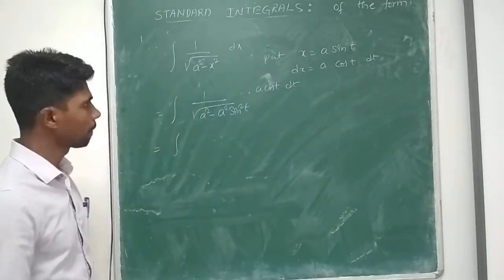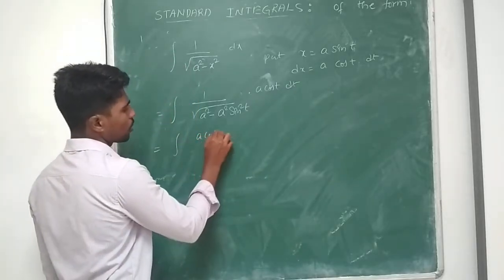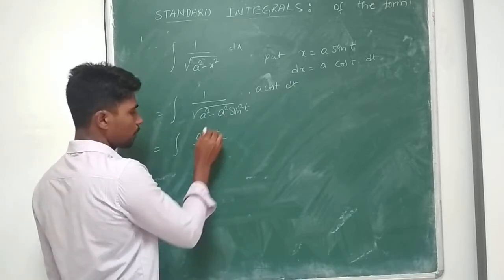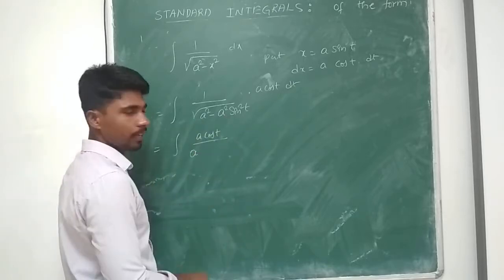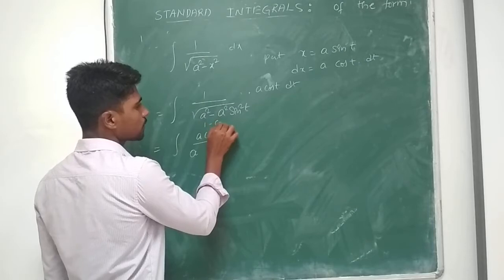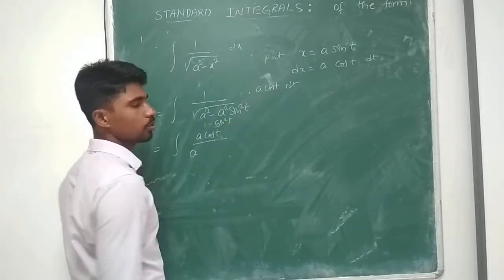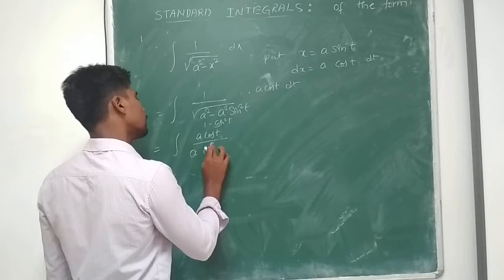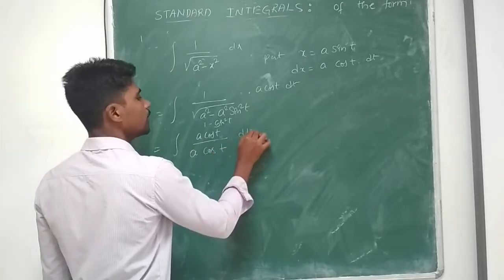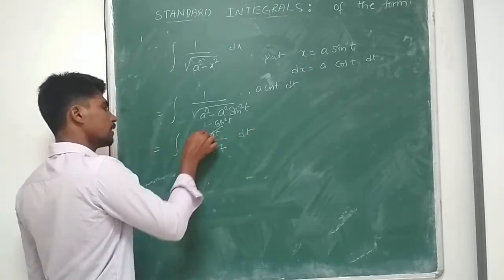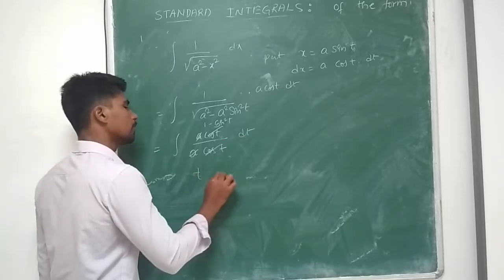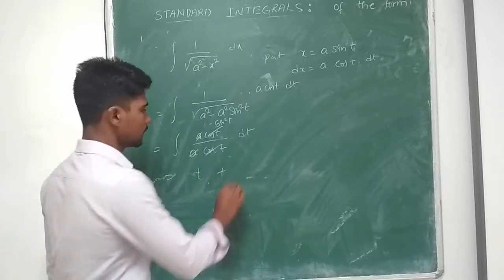Integral a cos t by, taking a square common, root of a square is a, and I get 1 minus sin square t, which is nothing but cos square t. Root cos square t is cos t. So cos t cancels, a cancels, and I get only integral dt. Integral dt is t plus a constant c.